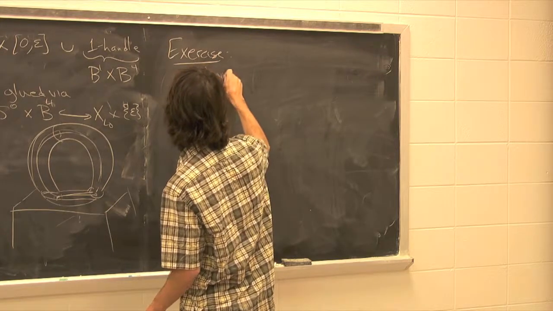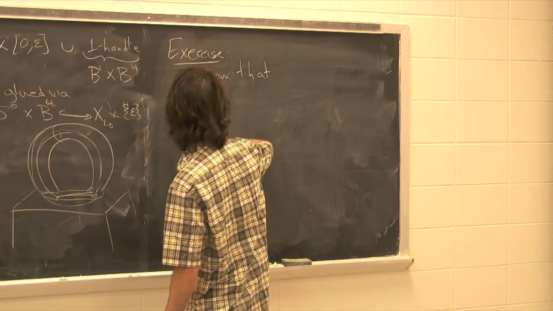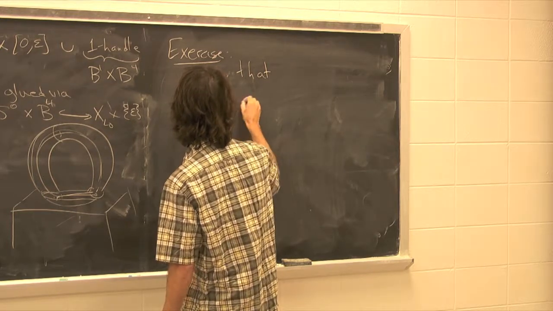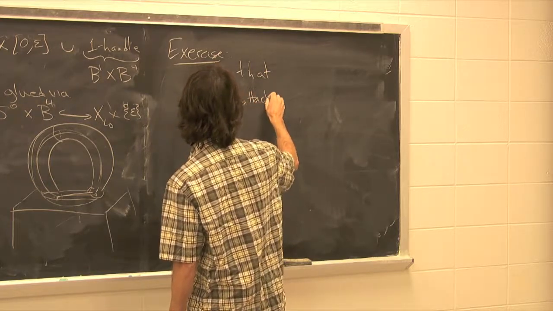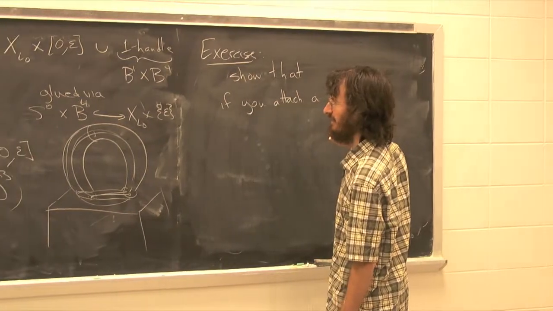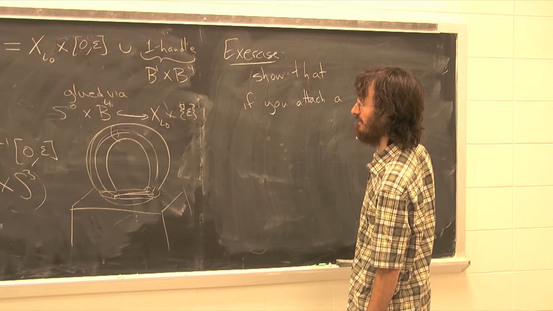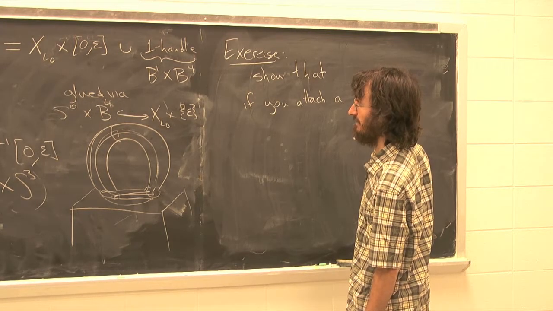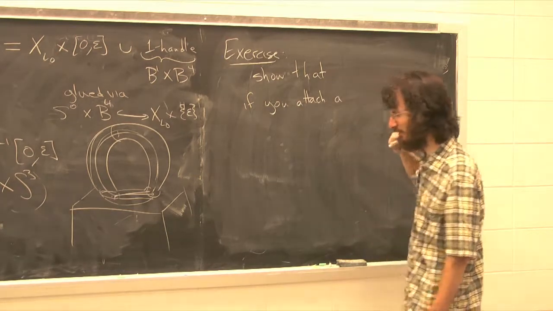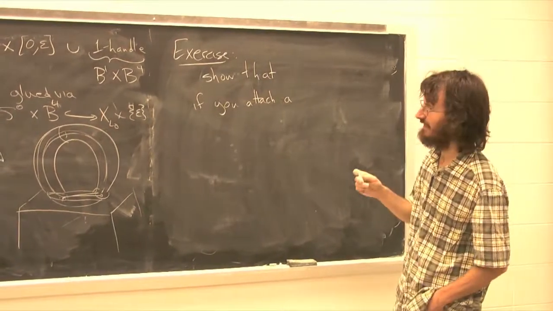Show that, actually the best exercise to do is show that if you attach, let's see if I can say this right, there's an arbitrary dimensional version of this, but I won't try to write this down.